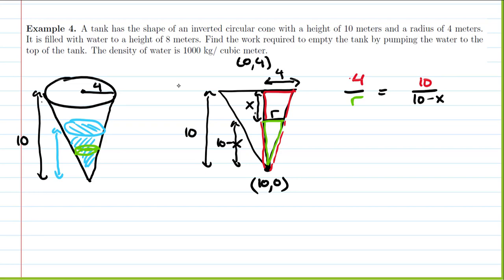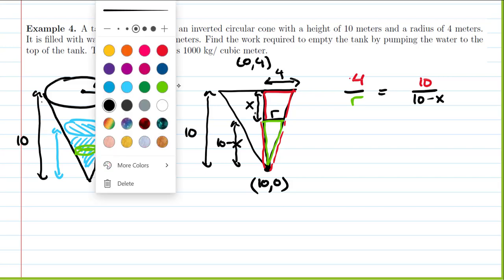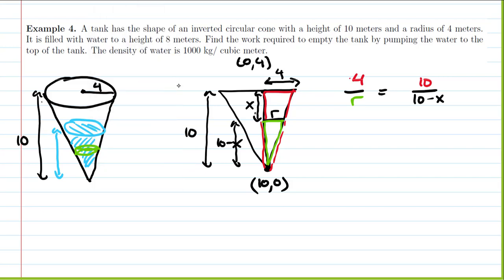And if we solve this equation for r, instead of multiplying both sides by r and by 10 minus x, I'm just going to cross multiply because I don't have a ton of space. So we cross multiply, and we get 4 times 10 minus x is equal to 10 times r.